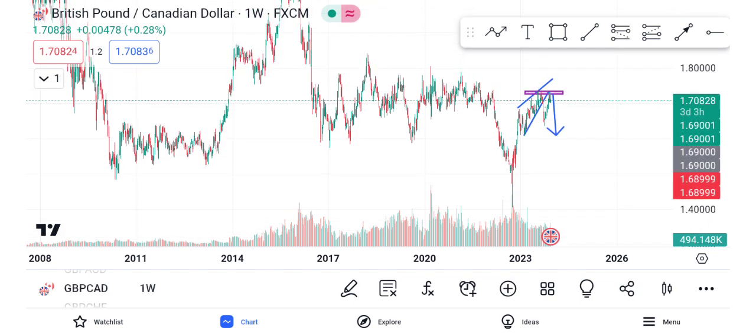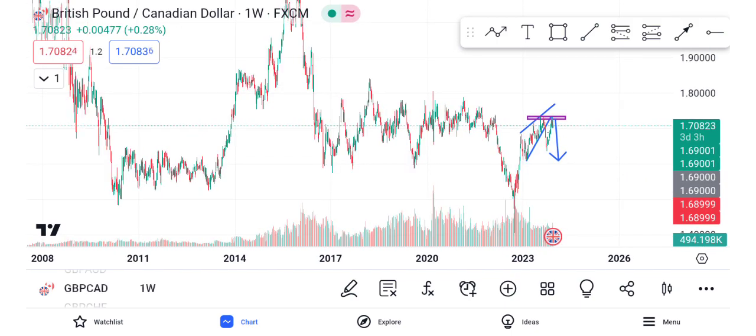And I will also check that I'm not buying at the resistance, and also that I'm not selling at the support level. So now this is the weekly time frame on GBP CAD.